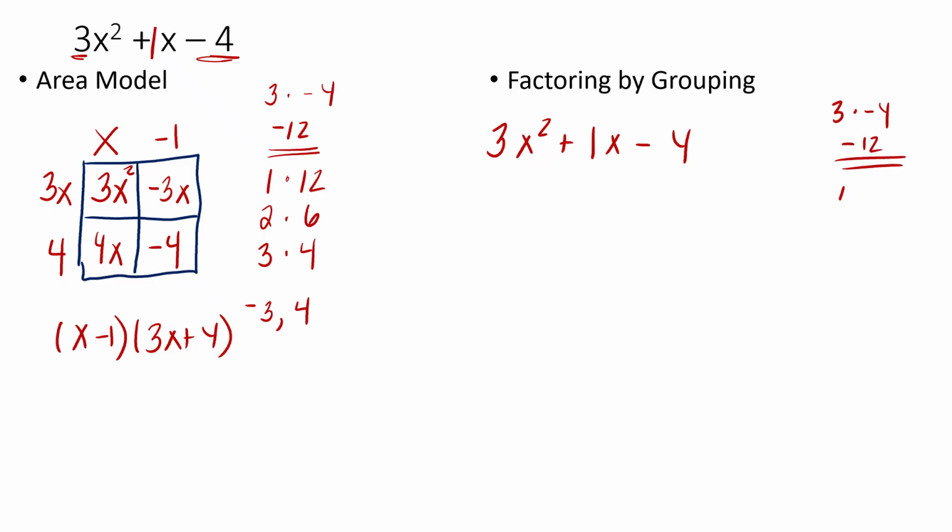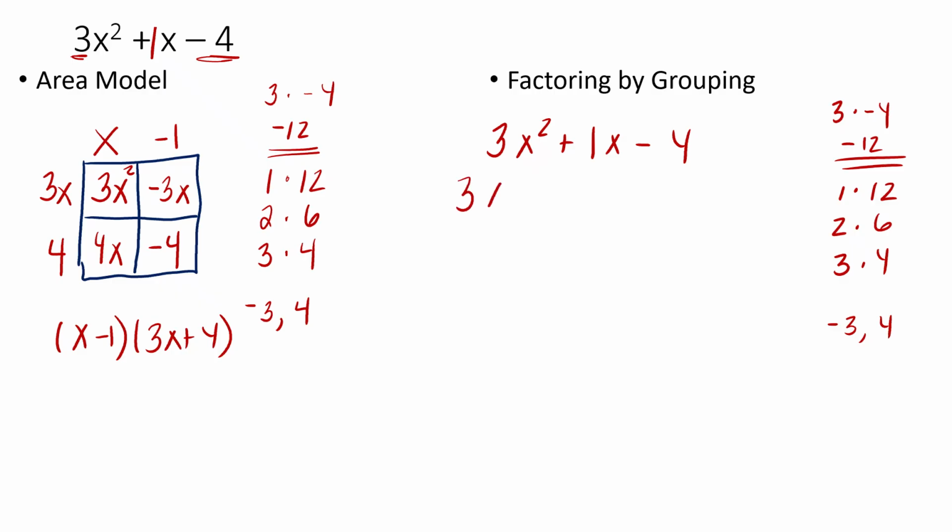And then you go through the exact same process that I did before. And what you're looking for are a pair of factors that will add up to that middle term. And once again, it's the same problem. So we're going to come up with the negative 3 and the positive 4. So I won't belabor that. We're going to see that in several of the problems.